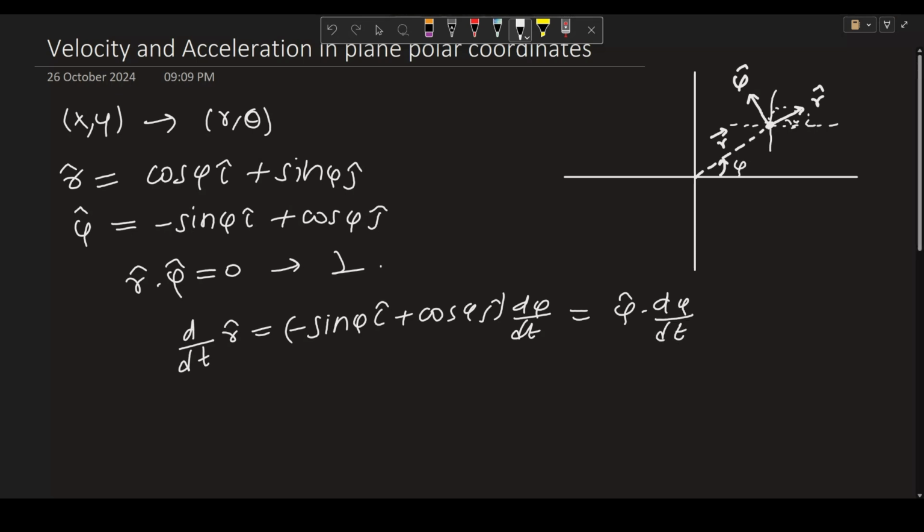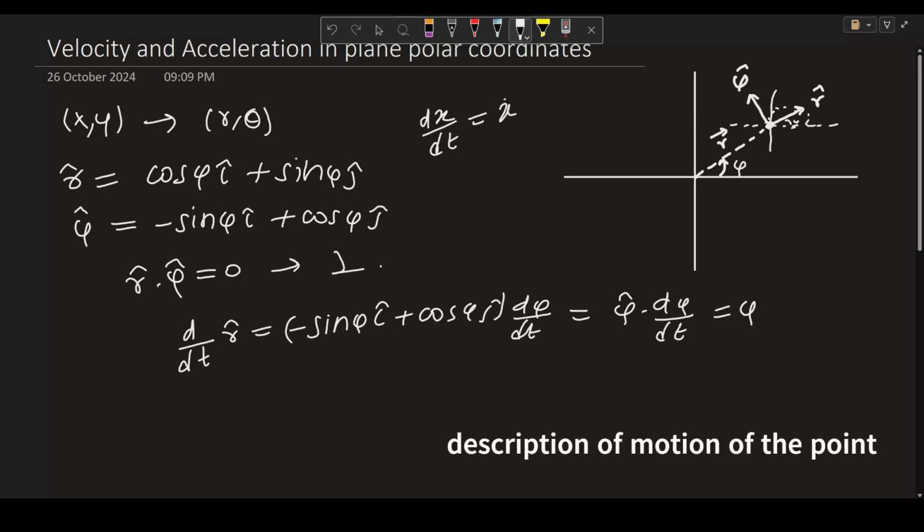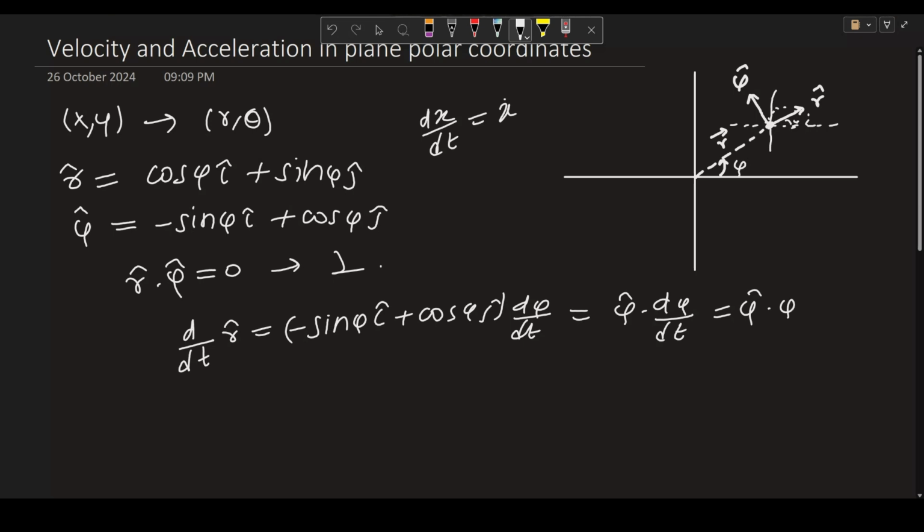Now let me tell you one thing. Anything like dx by dt is the derivative of any function, any point, any description. It's just shown by this dot. That's it I'm talking about. So this would be phi dot times phi cap. Okay, this is for simplicity.